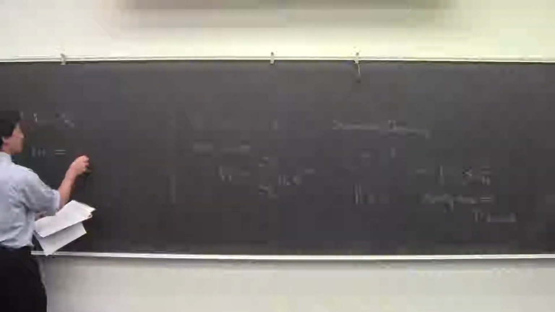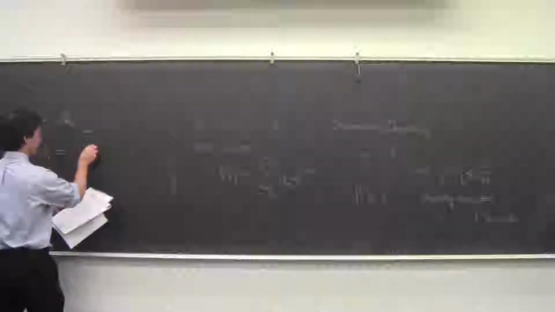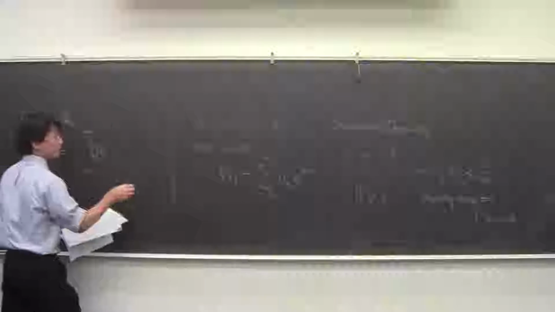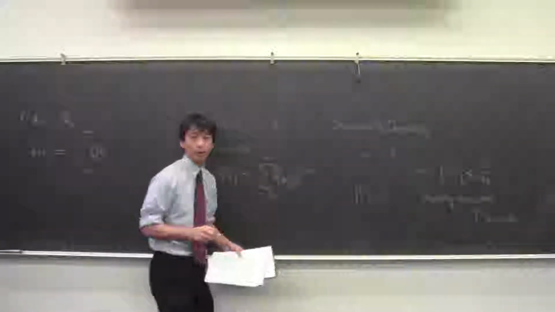There's a second part where you ask: if you have some function from R to R, can you express f again as a sum of these waves? Remember, these were what we called the Fourier coefficients.